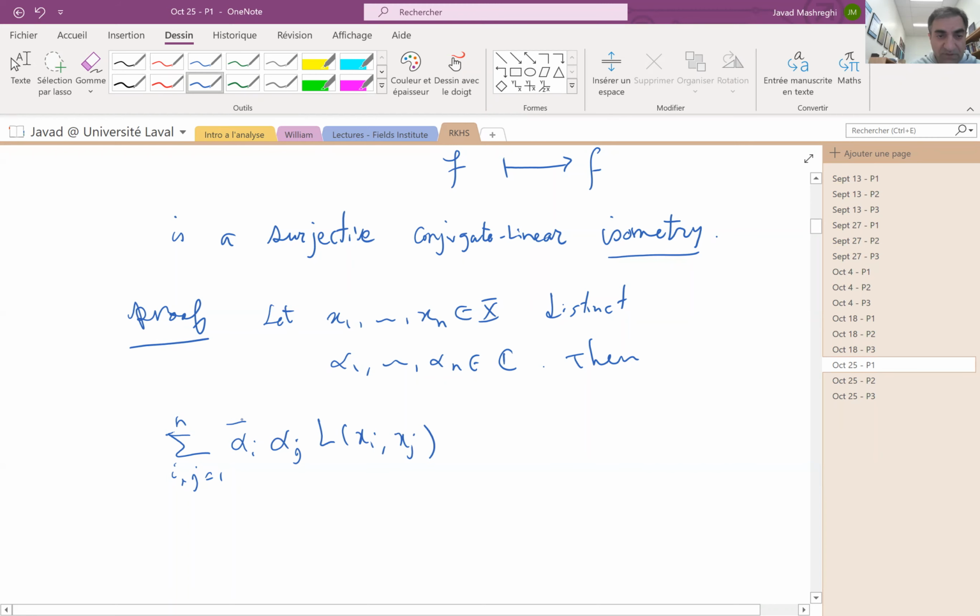Sometimes it is more convenient to put it on the first one, but it's the same. We need to show that this combination is positive. That's the meaning of being a kernel function.